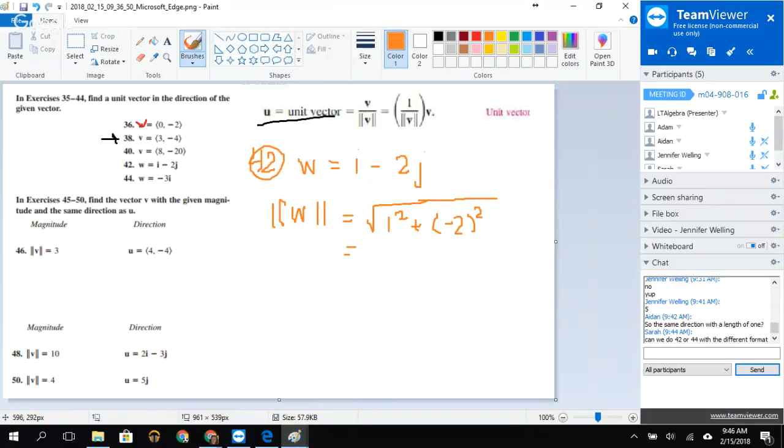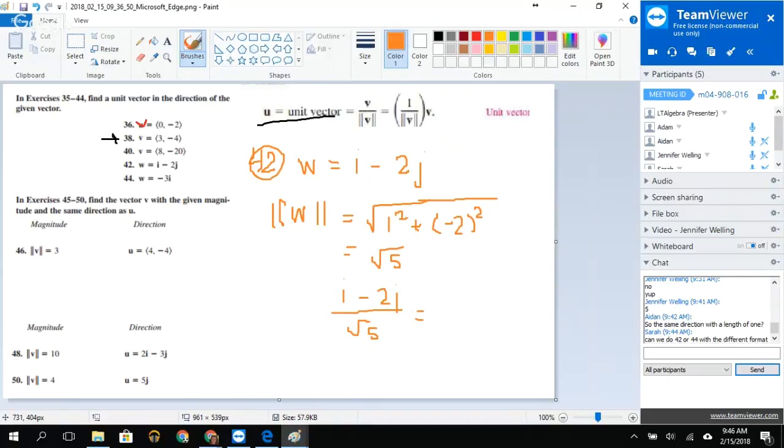So I end up with 1 plus 4, or the square root of 5. So then when I go to actually write it as my unit vector, I can say this is i minus 2j over the square root of 5.